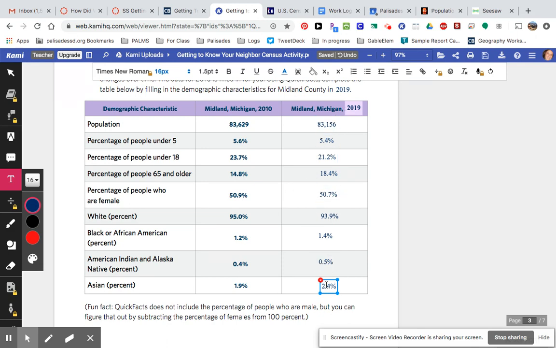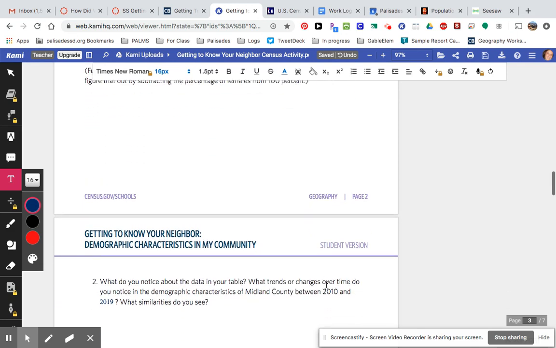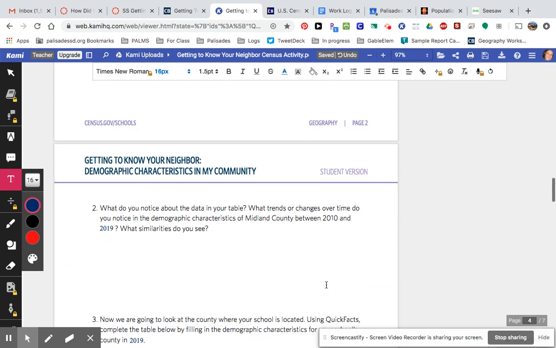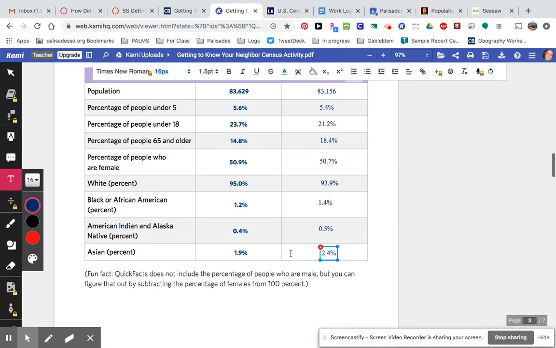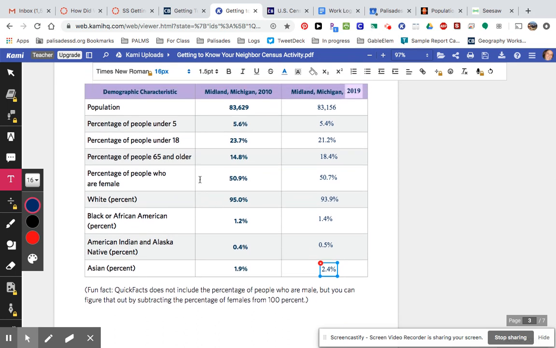in 2019. So if we scroll down, what do we notice about the data in the table? What kinds of changes do we see over time, or how is it similar? So if we go back up, I think one of the things that we noticed was that the number of people 65 and older went up kind of significantly.